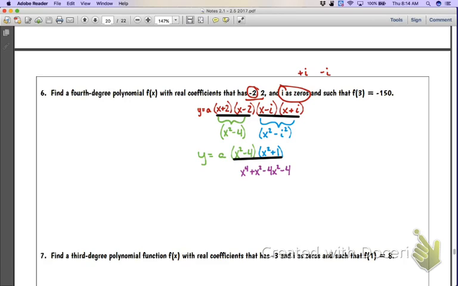Does everybody see what I just FOILed, multiplied, whatever? Okay. I still have the y equals a. I just bring it down because I'm going to figure out what a is here in a second. So if I combine like terms, I have y equals a times x to the 4th minus 3x squared minus 4.